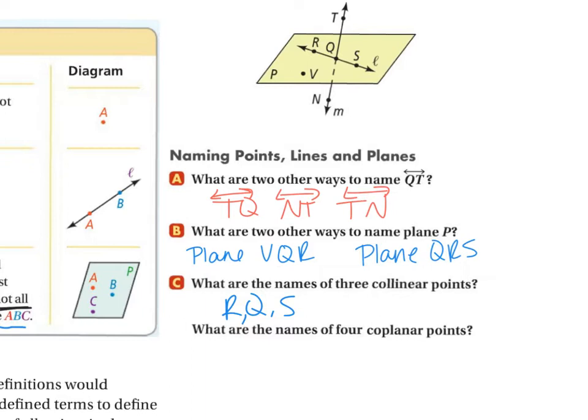And then what are the names of 4 coplanar points? That means they're on the same plane. It looks like to me the only points that are not on the plane that are listed are this N and T. Those are not on the plane. So we can say the other ones: point V, Q, R, and S.